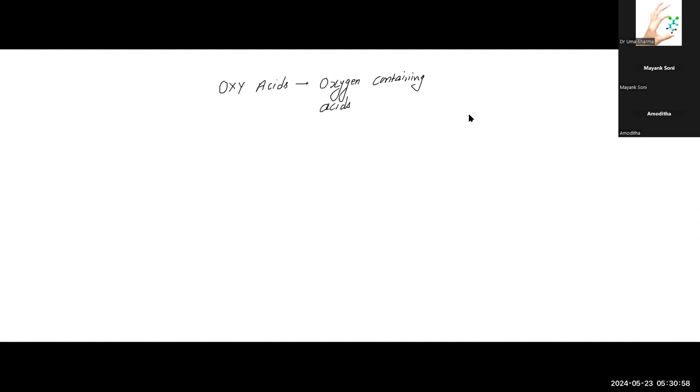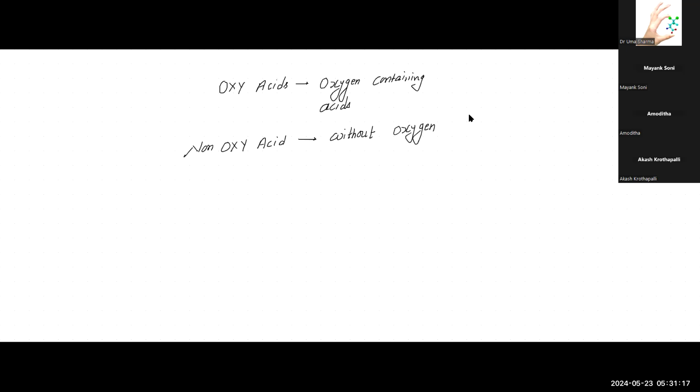And non-oxy acids. Non-oxy acid is without oxygen. This is very important. I have to teach you again maybe later on when we start with acids and bases again. So take it as a very important concept.